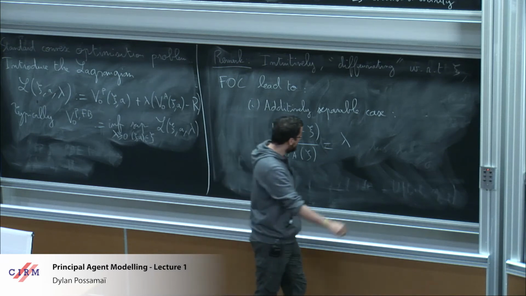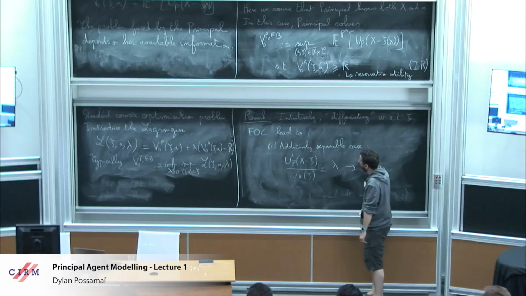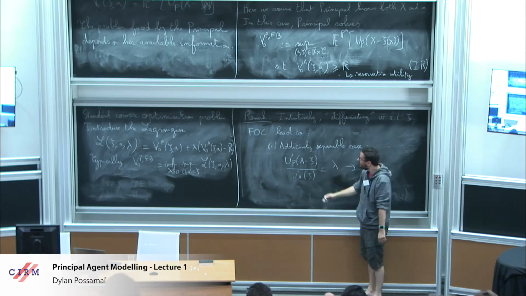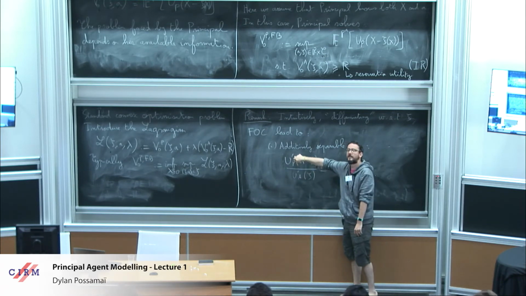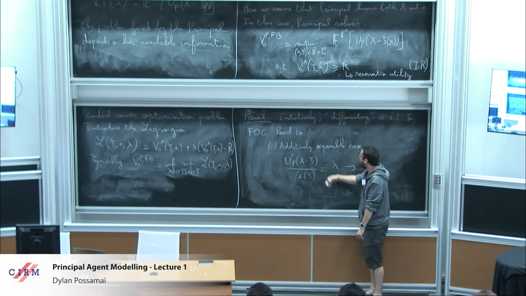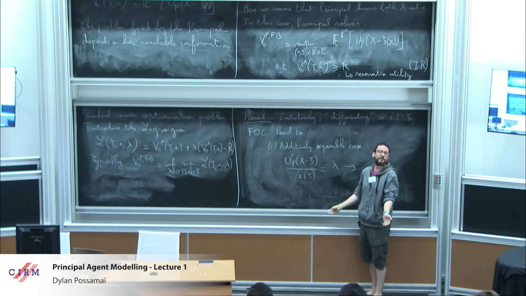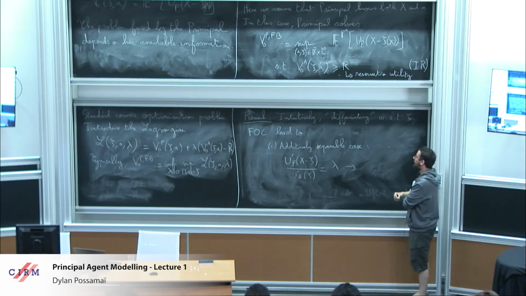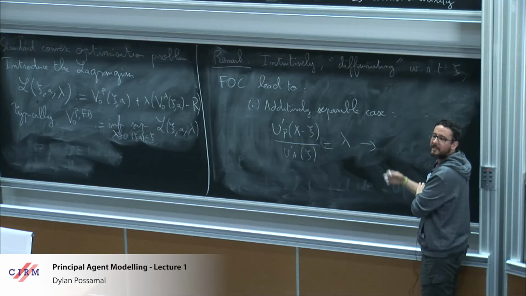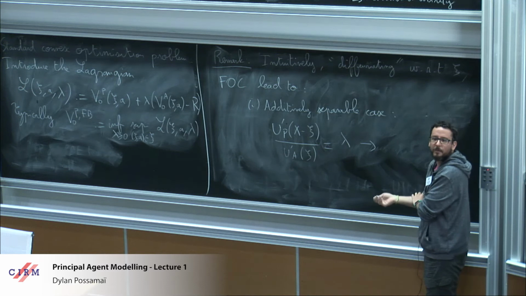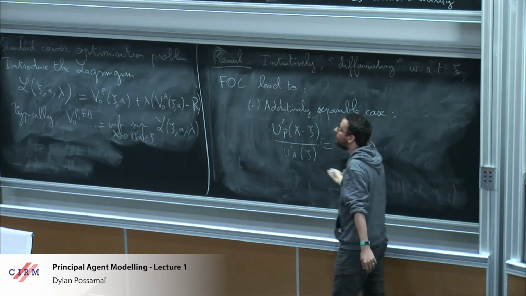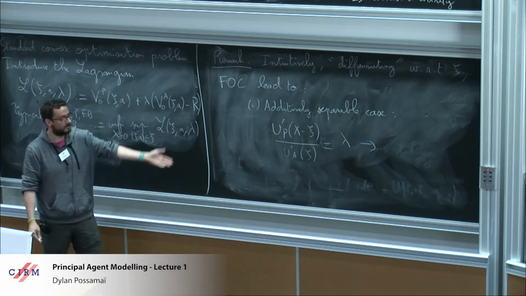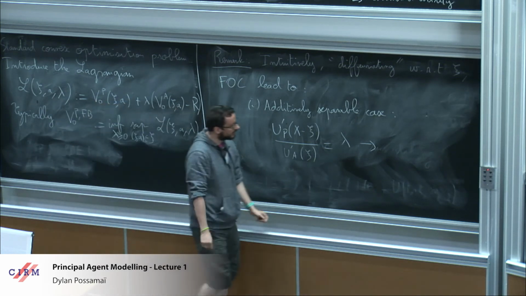And what you see here is that the ratio of marginal utilities for the principal and the agent, so those are marginal utilities because they are derivatives of the utilities, at equilibrium, the ratio of marginal utilities is constant. So if you've done a little bit of microeconomic theory, this is a standard result at equilibrium, that ratios of marginal utilities tend to be constant, right? This is exactly what's happening here.